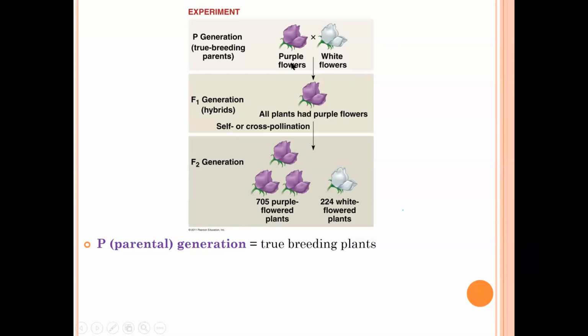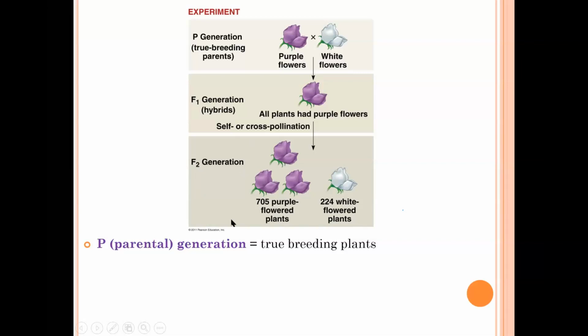So when you cross this purebred purple with the purebred white, you get all purple plants or all purple flowers. That's called the F1 generation. The F1 generation is the offspring when you cross the two P generations, all right? Then when you take two F1 flowers, two purple flowers from F1, and breed them against each other, you end up with this result in the F2 generation.